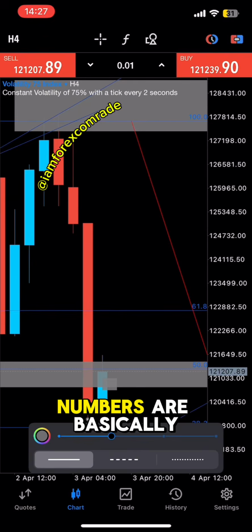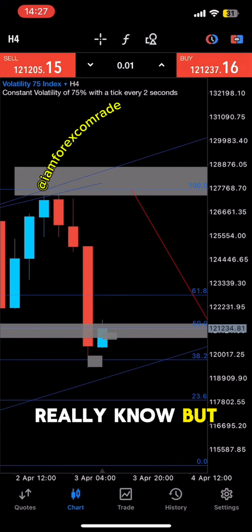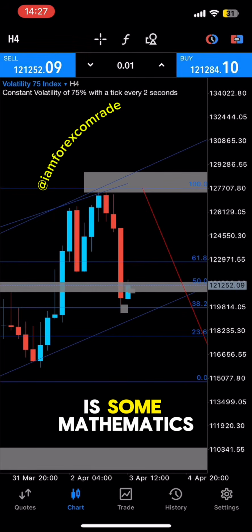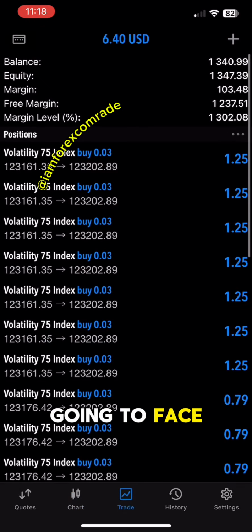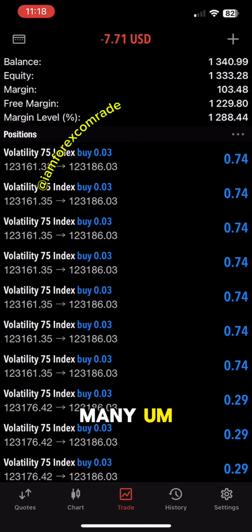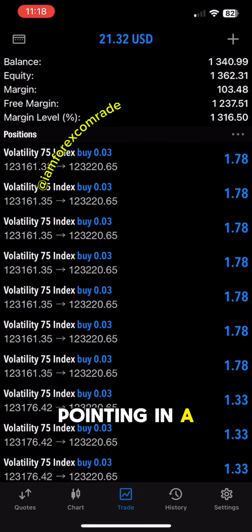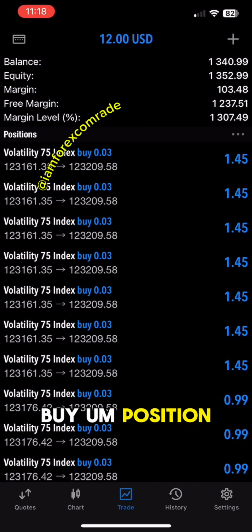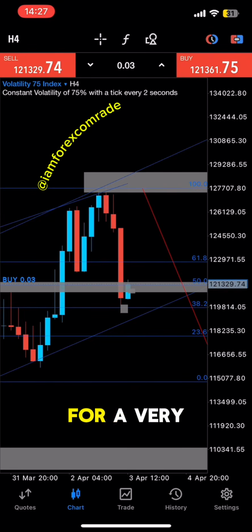The Fibonacci numbers are basically, well, I don't really know, but some mathematics or whatever. But however, we know that the market is going to face some resistance at this point, because there were many factors that were pointing in a buy position. But however, we know that this is not going to last for a very long time.